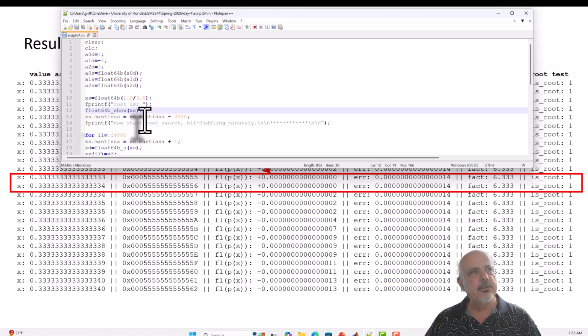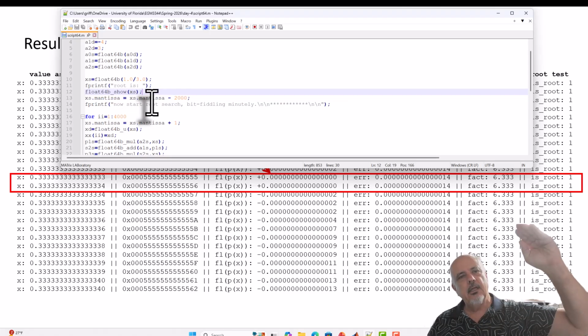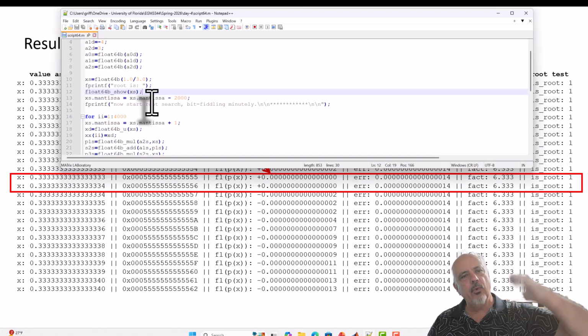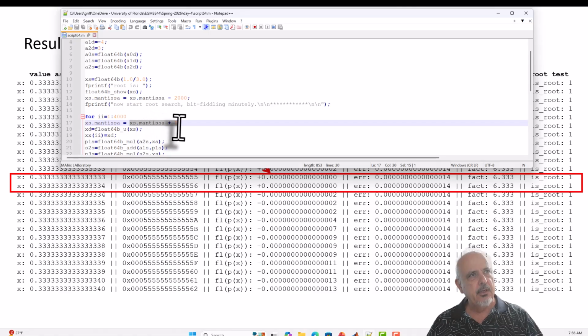What I wanted to do is get that mantissa and offset it. So I subtract 2000 from the mantissa, and then in my for loop, if you see, my for loop starts at that shifted mantissa, so I'm starting before the 1/3, and then I'm going to go 4000 steps as fine as I can get, just adding 1 to the mantissa every time through the for loop. So this is as fine as I can get.